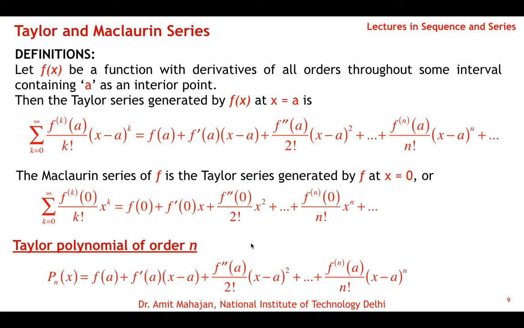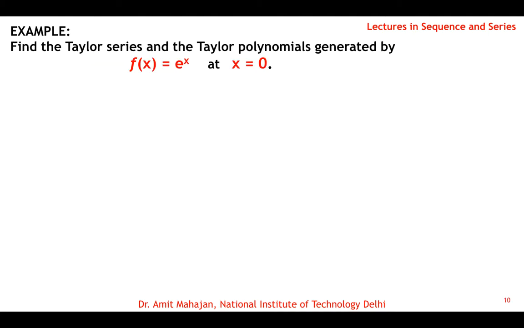Before that, we take one example to show you how, if you are given a function, you can calculate this Taylor series or the Maclaurin series. Let us take one simple example: find the Taylor series and the Taylor polynomials generated by the function f(x) equals e to the power x at x equals 0. So it is about the origin, so this Taylor series will be the same as the Maclaurin series, and to calculate it we need the derivatives of the function: first derivative, second derivative, third derivative, and so on, nth derivative of e to the power x at x equals 0.